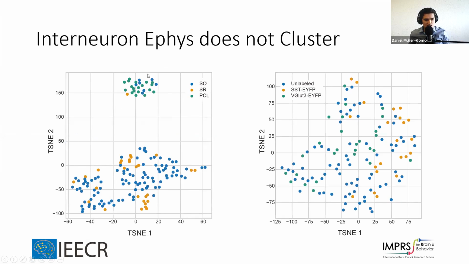It was good that I patched those, because this tells me that there are also some cells in the stratum oriens and stratum radiatum that have pyramidal-like properties. So we throw those out because we want to get more into the interneurons, recluster them, and the electrophysiology alone does not form very well-defined clusters of these interneurons.